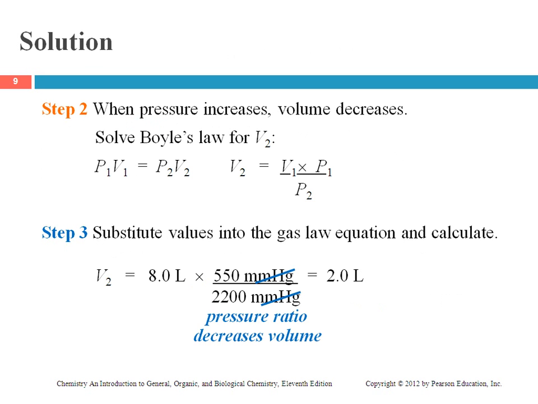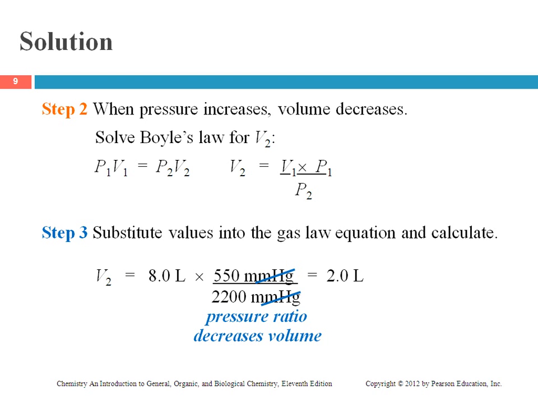One of the most common mistakes is accidentally putting V1 where you should have had V2, or P1 where you should have had P2, so be sure you get them organized correctly. When the pressure increases, the volume decreases. We know that's going to happen, but we want to know by how much. If we rearrange Boyle's law in step 2, we see that V2 equals V1 times P1 over P2.